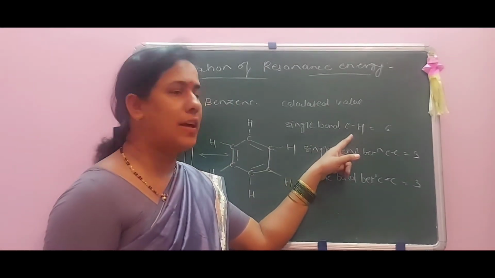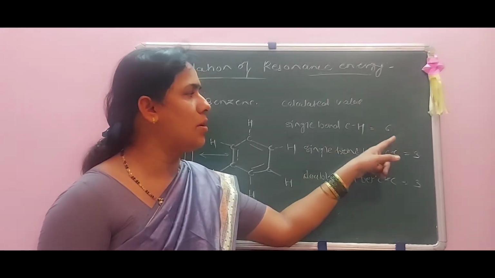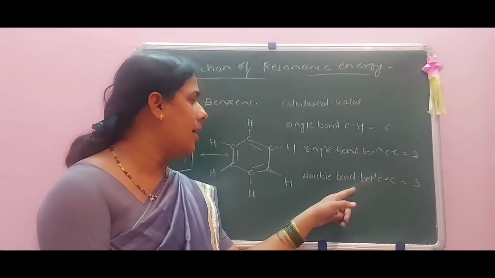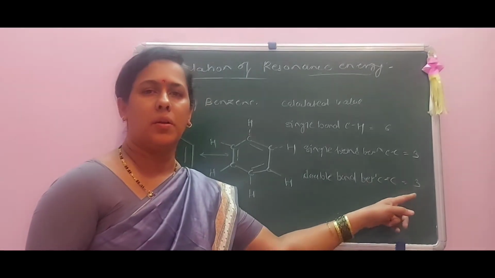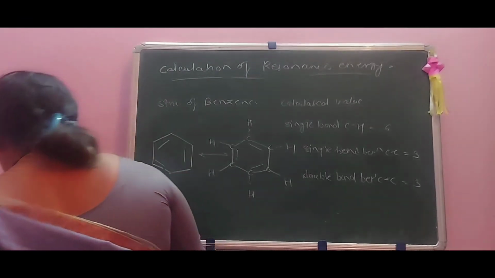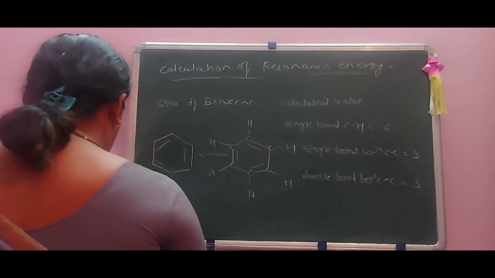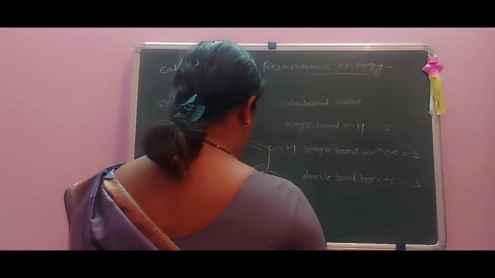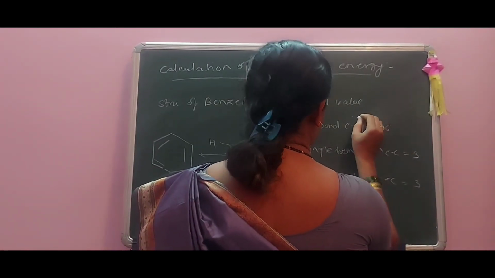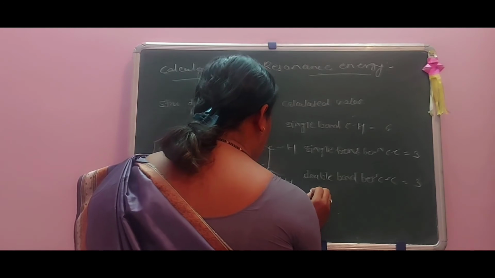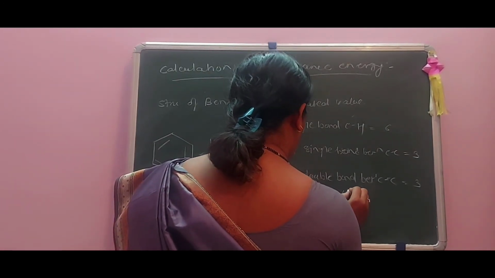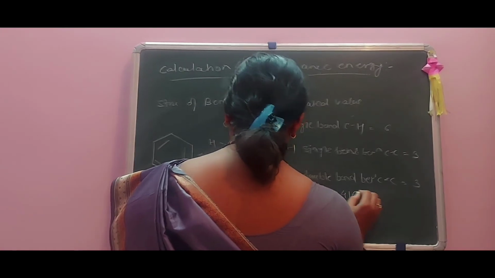Now we need the value of each single bond, 6 of them for C-H, 3 for single bond C-C, and 3 for double bond C=C. We can calculate the calculated value here. The C-H bond value I am taking is 416.2.